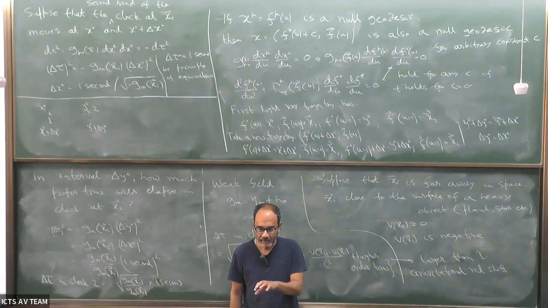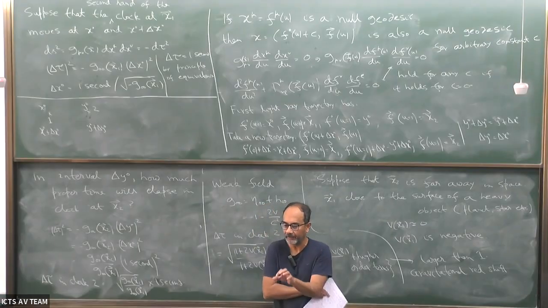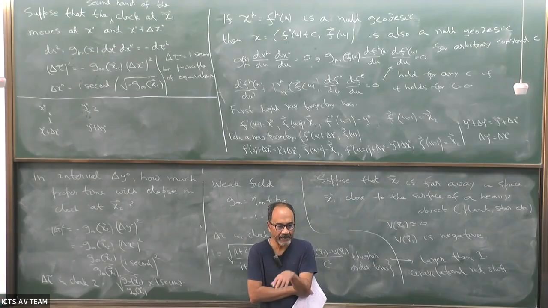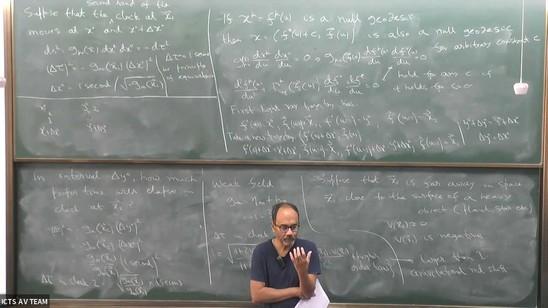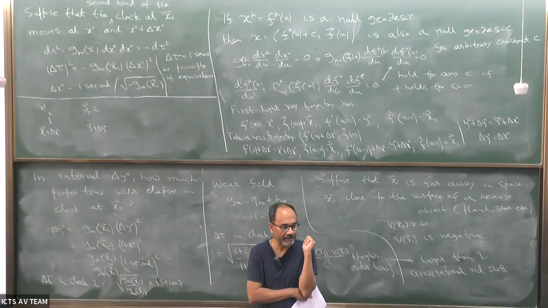So when GPS works, it has a built-in program which corrects for the fact that your clock is running slower than the satellite clock. So without general relativity, your GPS will not work. That's one application of general relativity.